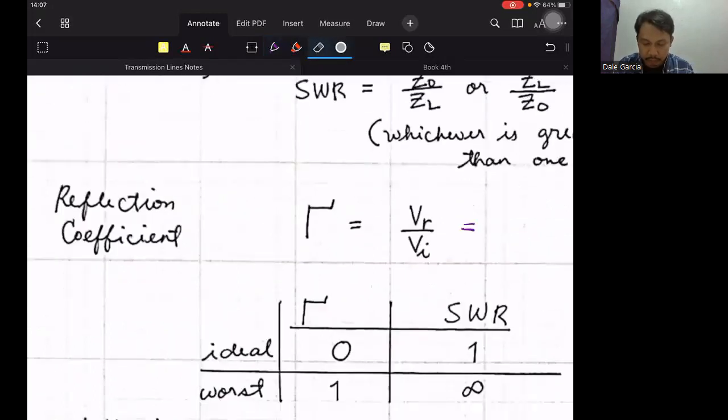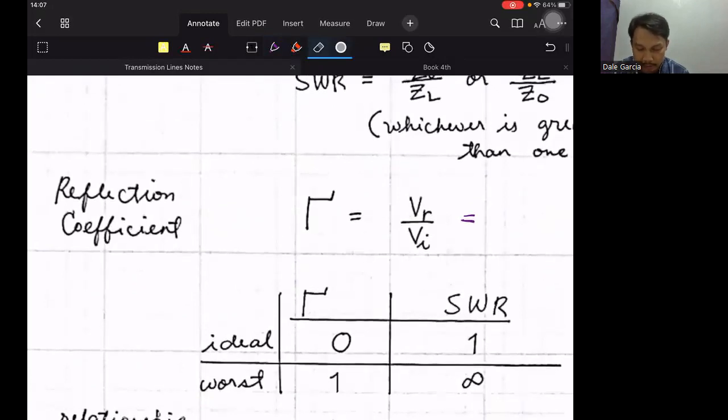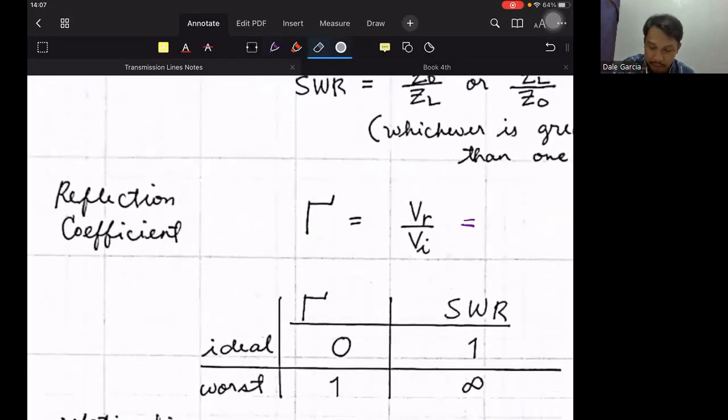The worst case scenario is when gamma is equal to 1, meaning the reflected and incident waves are equal, so the load absorbs nothing. That is when VR equals VI, or when SWR is infinity. We want our SWR to be as close to 1 as possible.